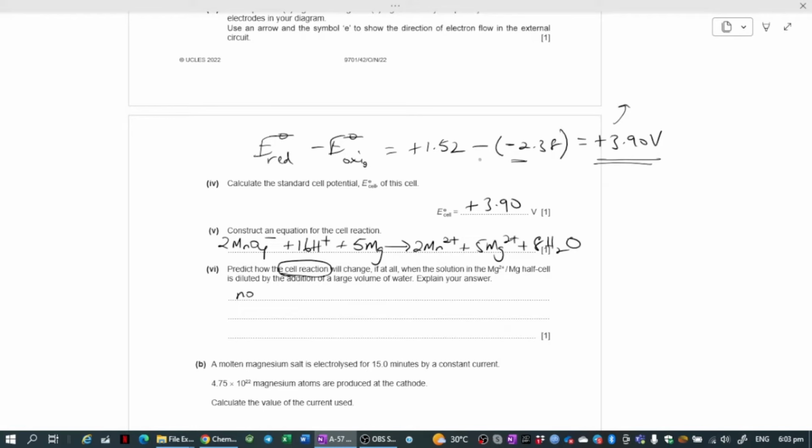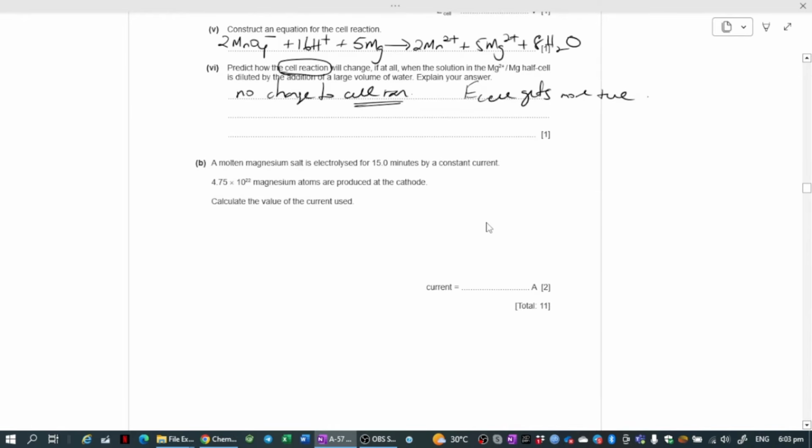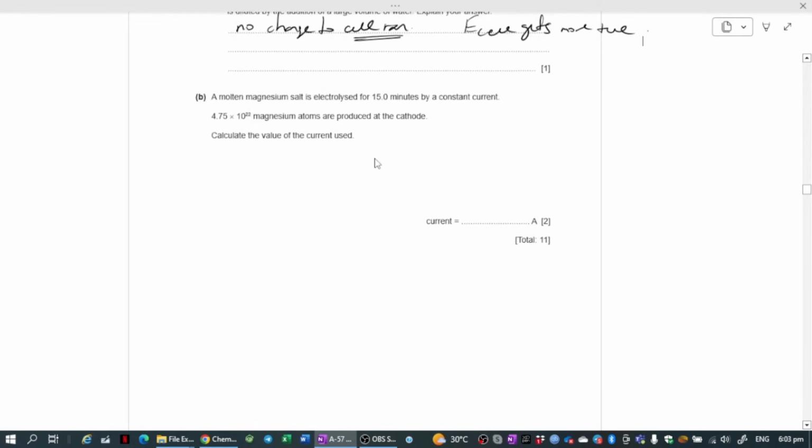So there is no change to the cell reaction. Instead, what will happen is that the E cell will get more positive, and we just explained why, and you would include that in your answer as well, right? The next question here now deals with electrolysis.